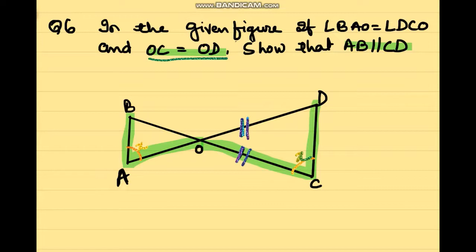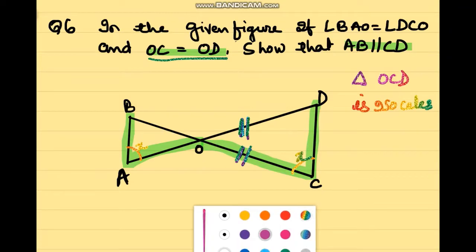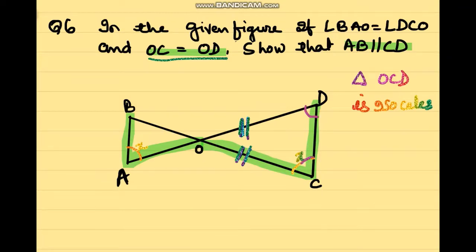OC equal to OD means triangle OCD is isosceles. If these two sides are equal, then it's very clear that these two angles will also be equal, because these two are the base angles. So if angle C is equal to x, then angle D will also be equal to x.